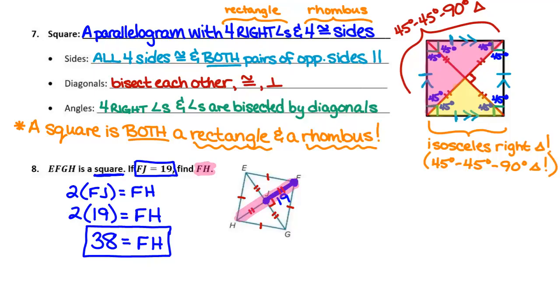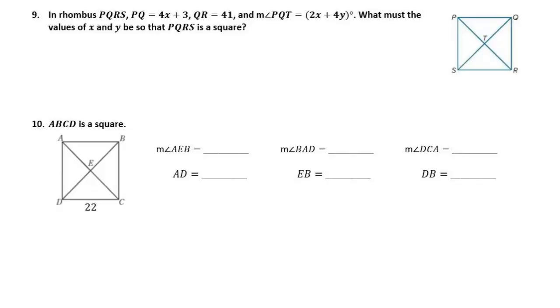All right, let's go look at number 9. Number 9 says, in rhombus PQRS, PQ is 4x plus 3, QR is 41, and the measure of angle PQT is 2x plus 4y degrees.